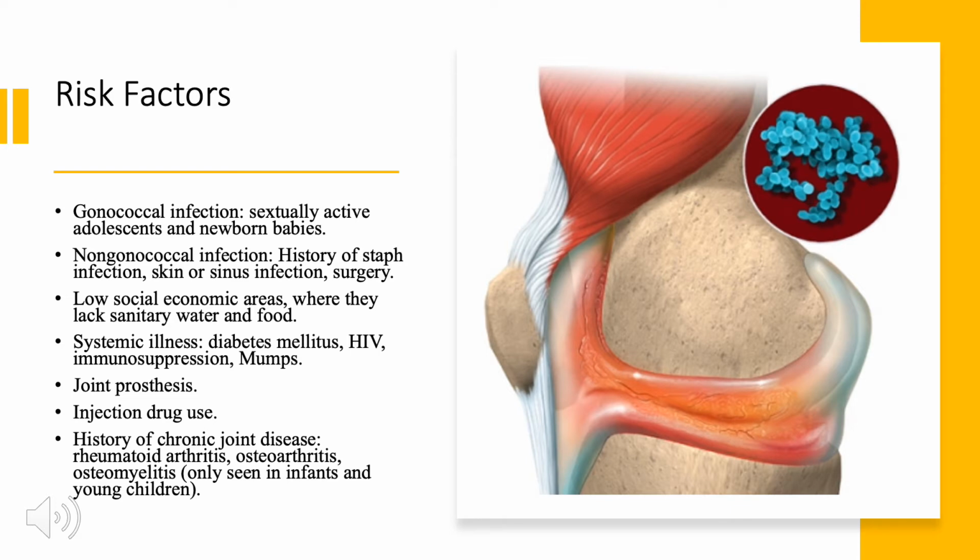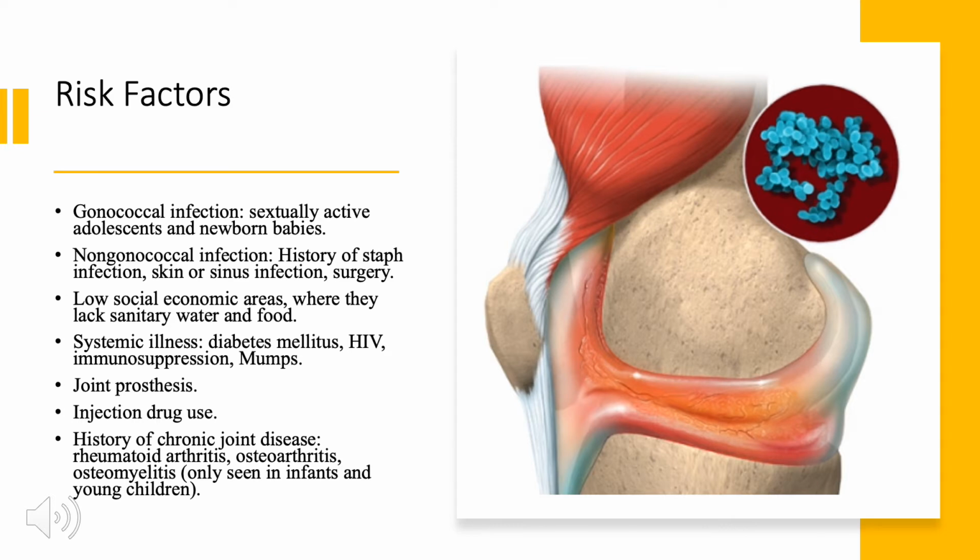In non-gonococcal infections, a history of staph infection, skin, or sinus infection could potentially be a risk for septic arthritis. Surgery is another risk factor because in some rare times, if the equipment isn't clean, if it's not a sterile environment, non-gonococcal bacteria could potentially find its way into the body that way.